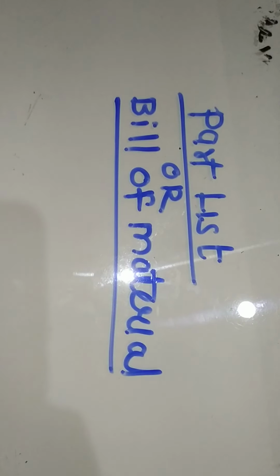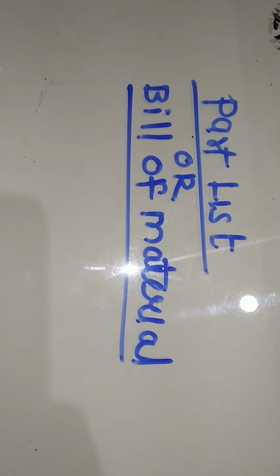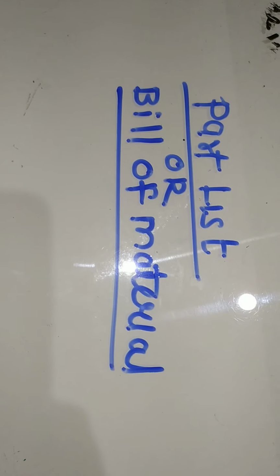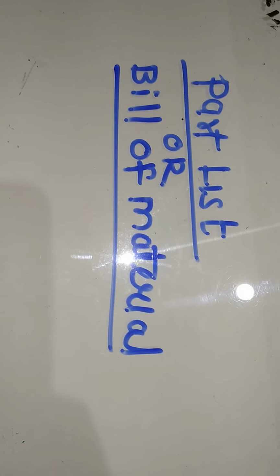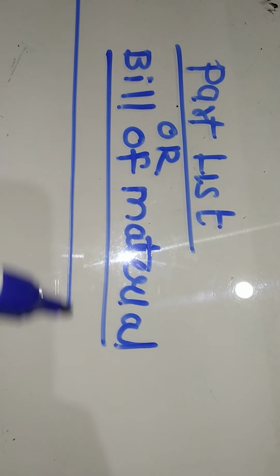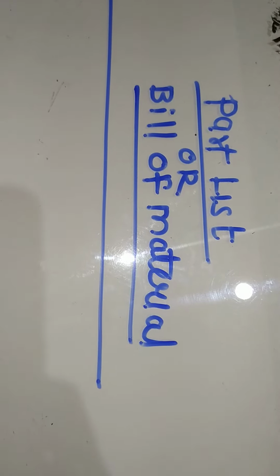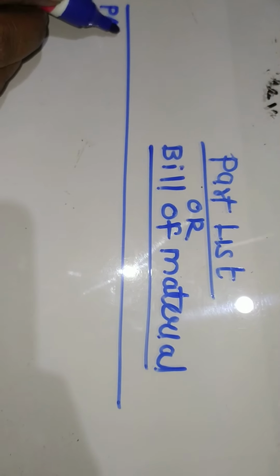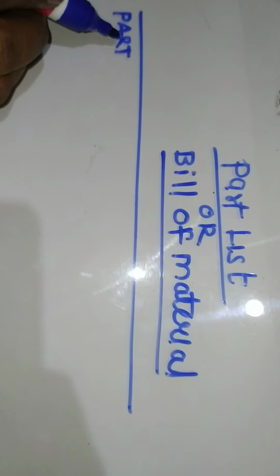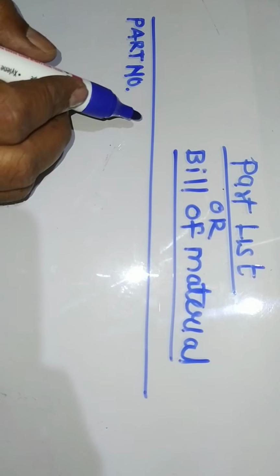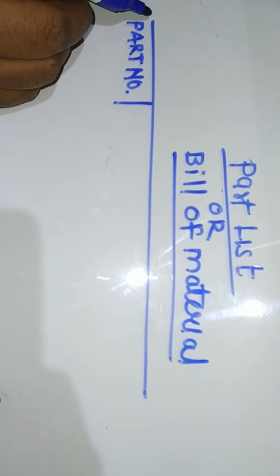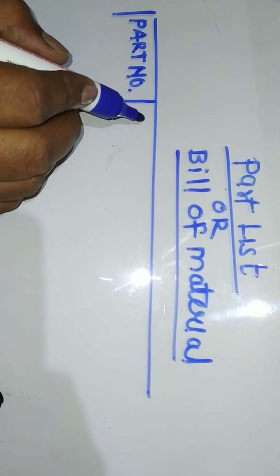Now we will look at how to prepare the part list or bill of material. It is just a table. How is it prepared? First, part number. Second, part name.